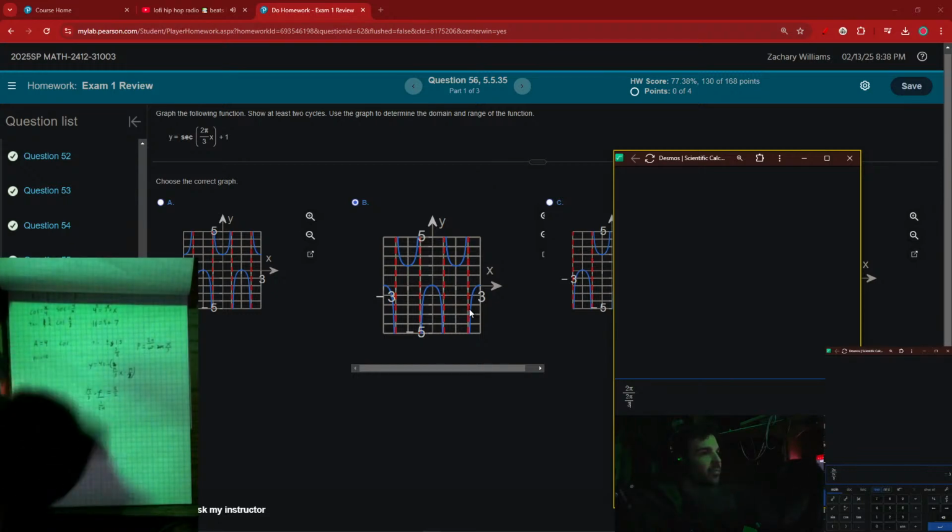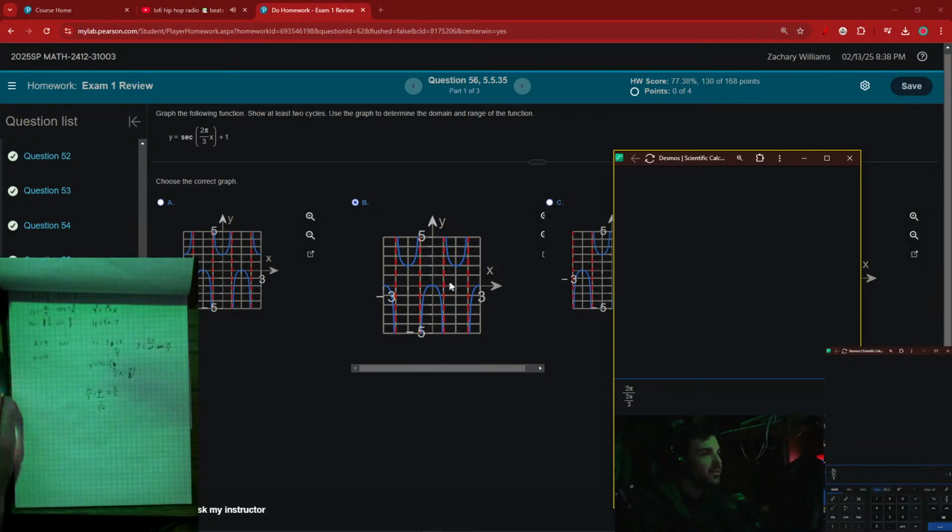Which means we need this to happen within 3. Secant is in cosine, so very stiff motion. I guess what we're saying here is this first asymptote should have no 1.